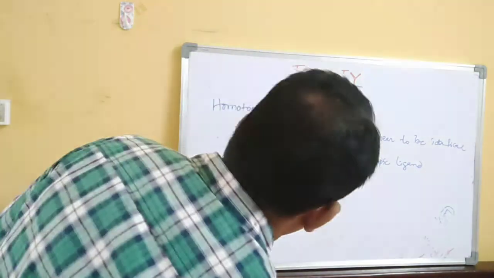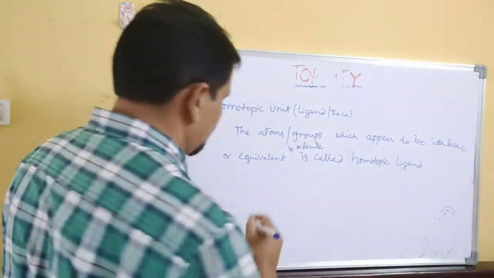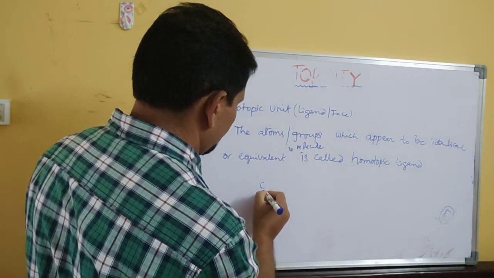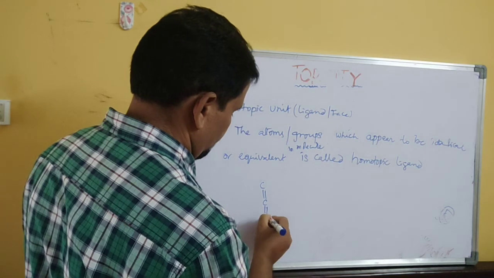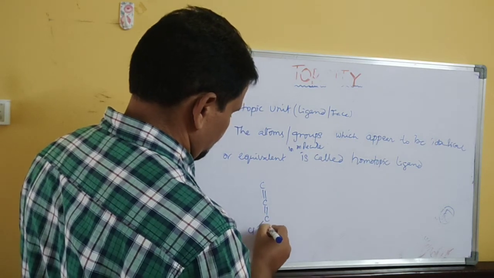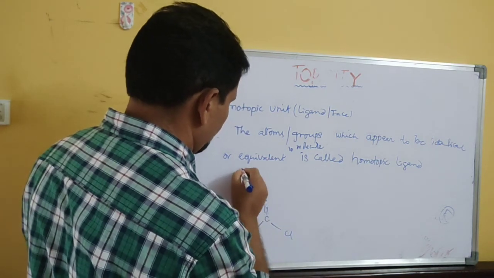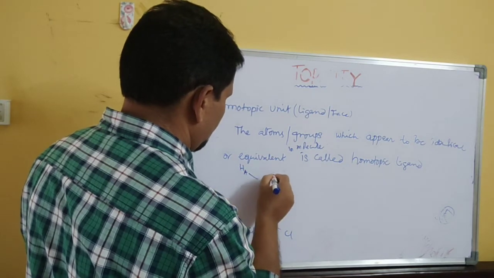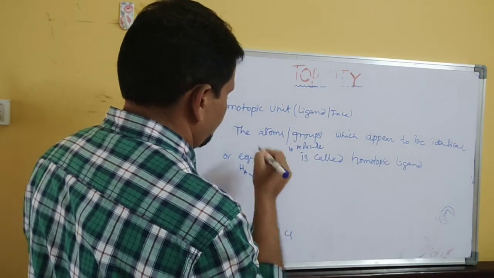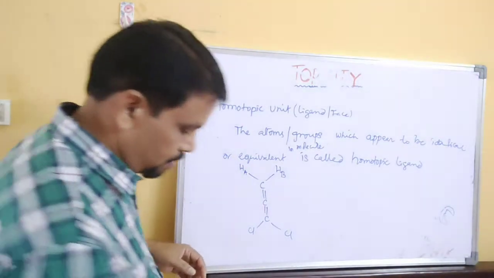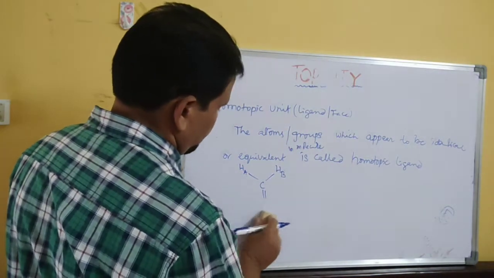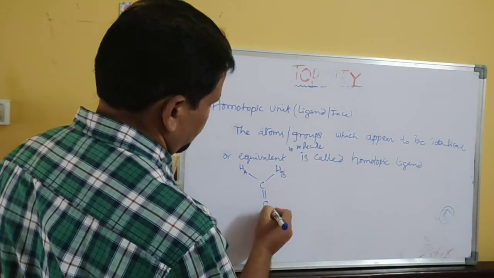Okay, I'll give an example to understand that. HA and HB. Otherwise you can simply take, without the substituents, just ethylene.